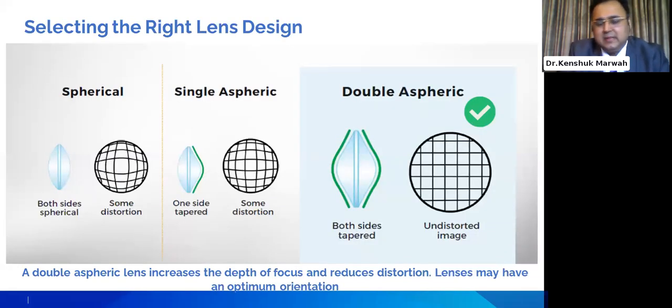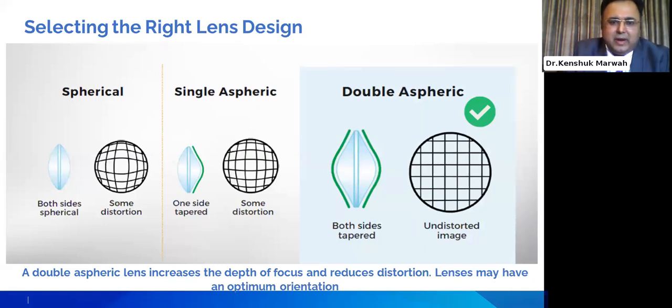Selecting the right lens design is one crucial question that comes along in residency as well as in our day-to-day clinical practice, because we want to see more of the retina and the optic nerve, and viewing is everything. The first step in any clinical examination is observation.